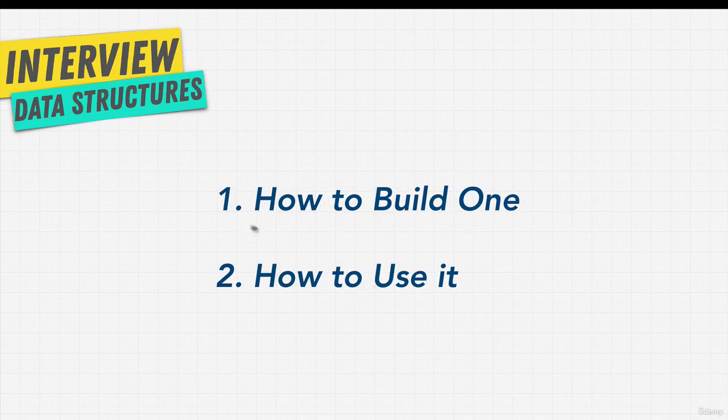Because data structures are usually just tools. And most of the time, they're already pre-built for us. The most important part is how to use them, when to use one over the other. And we kind of saw a little bit of that in the previous section when we talked about how to solve problems, where we used an object versus an array to make our code more efficient.